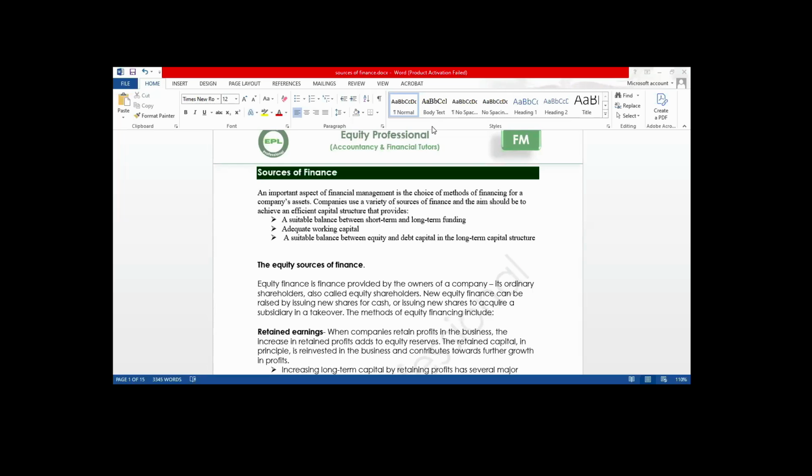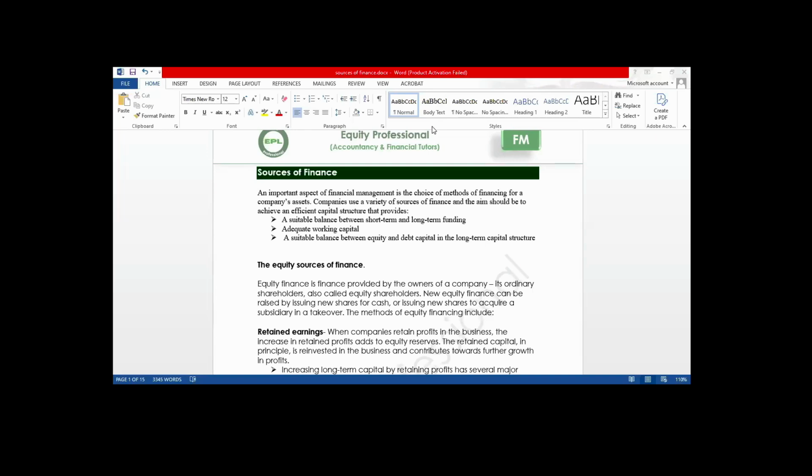You have the equity finance sources, and you have the debt finance sources.